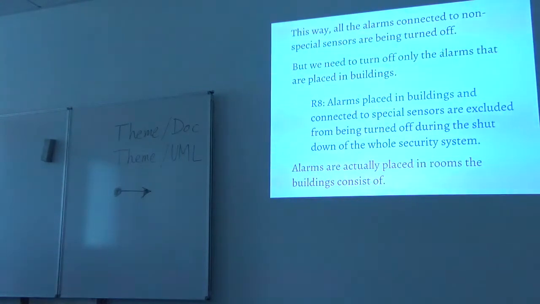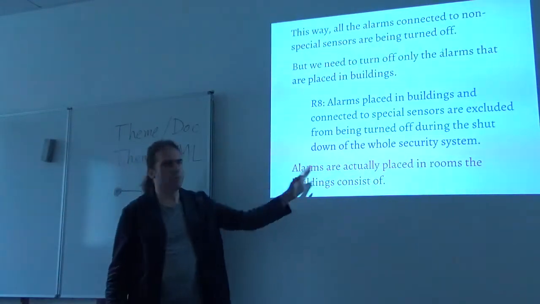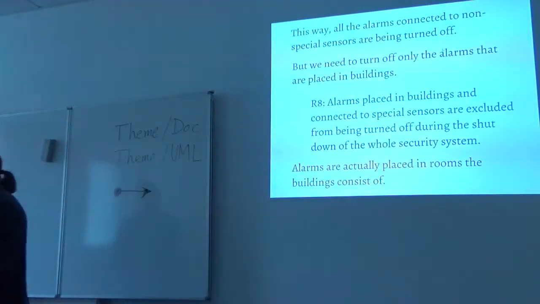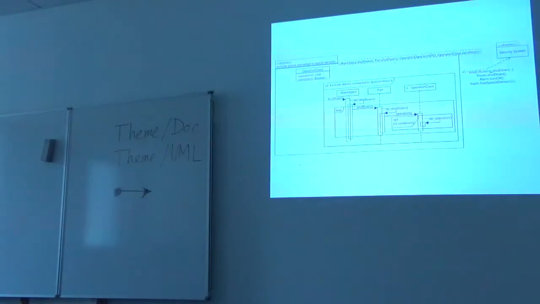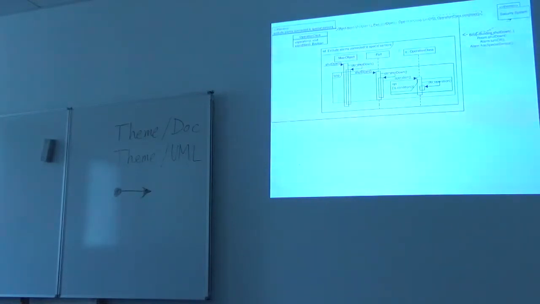Plus, I introduced an additional complication because I introduced rooms. So they're not just buildings, they're also rooms. And the whole situation then looks like this. How did I manage like this?